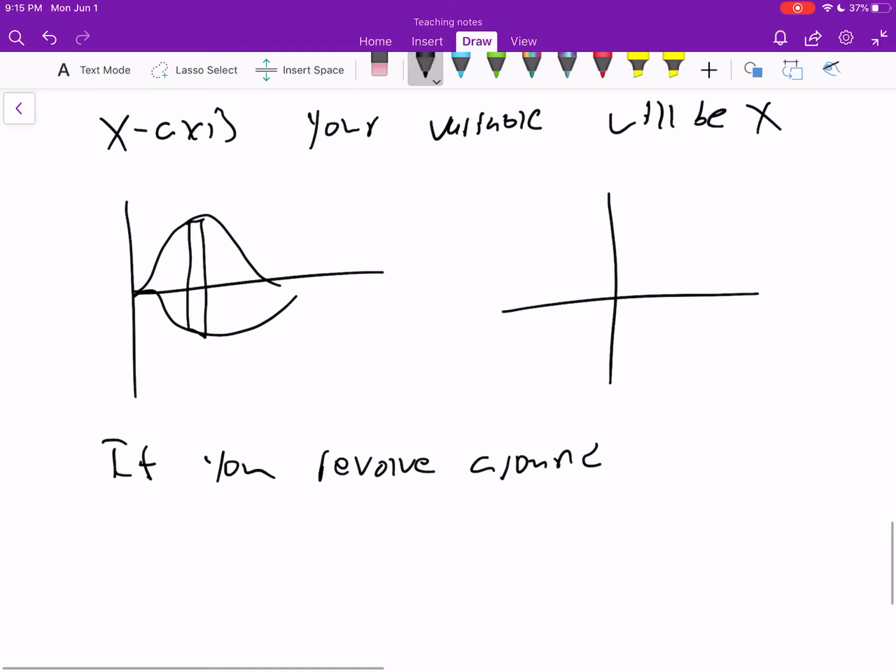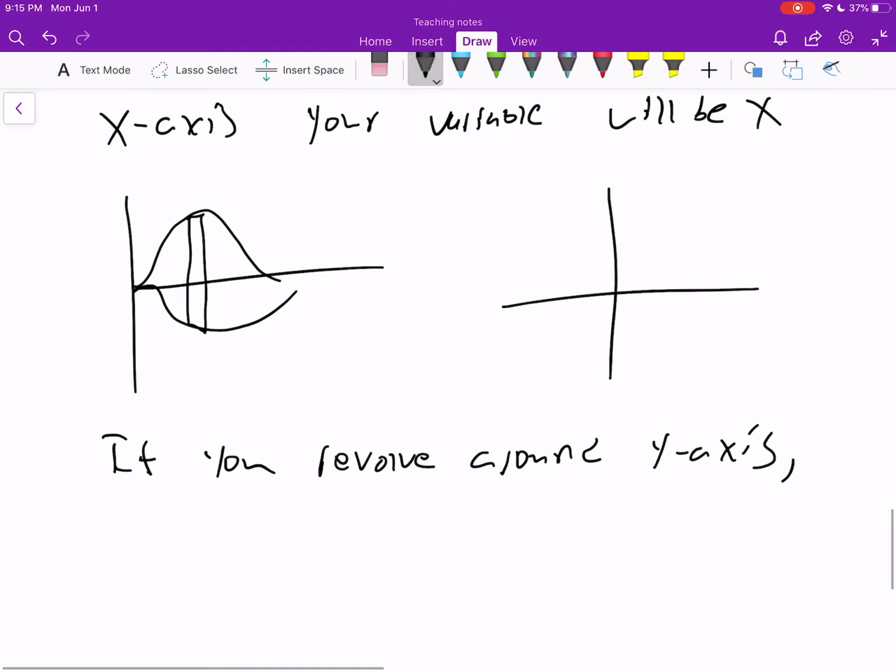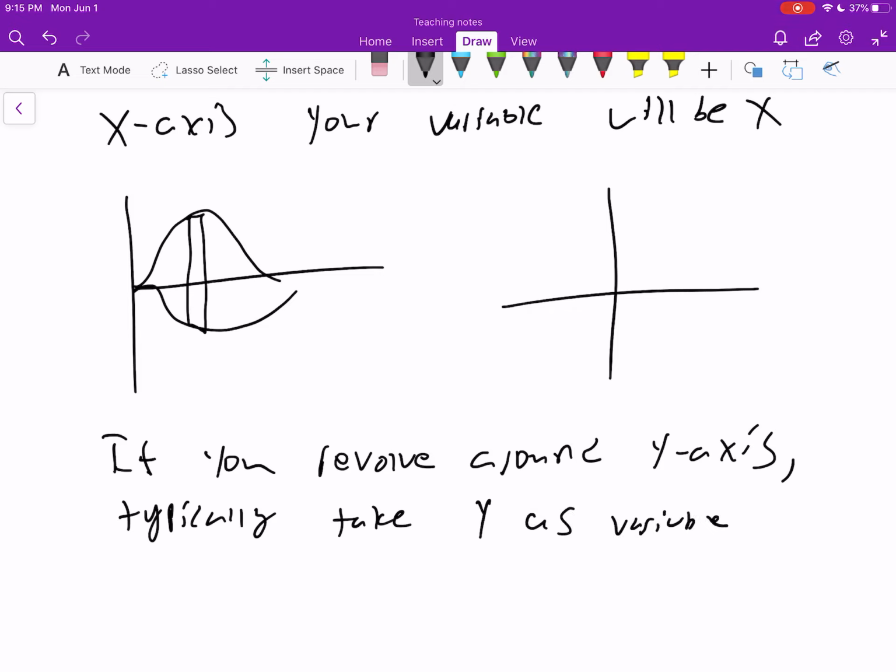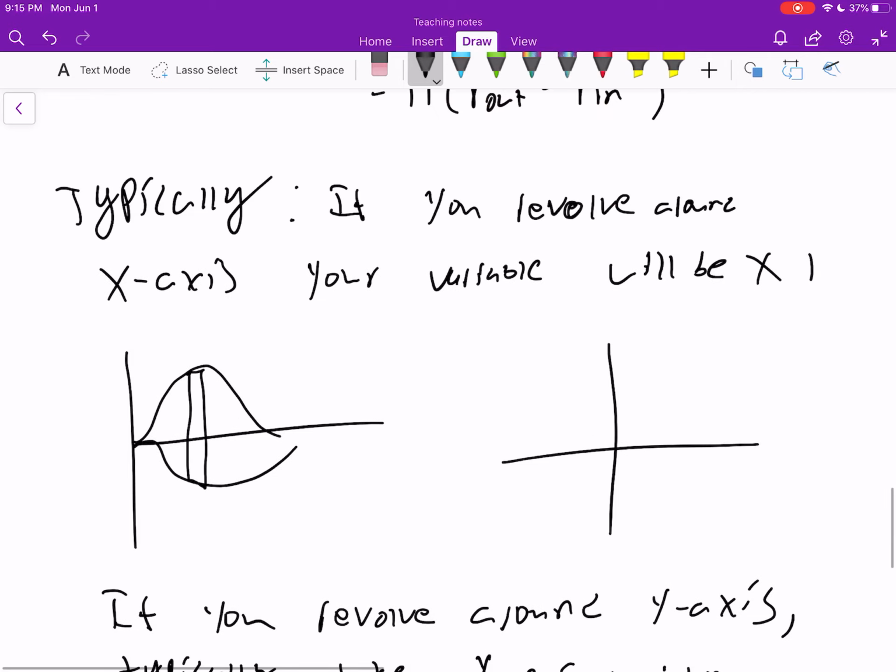Whereas if I rotate around the y, so if you revolve around the y-axis, and I'm sure there are counterexamples for this, you typically take y as your variable. What this means is the radius will be a function of y, and this means the radius will be a function of x.